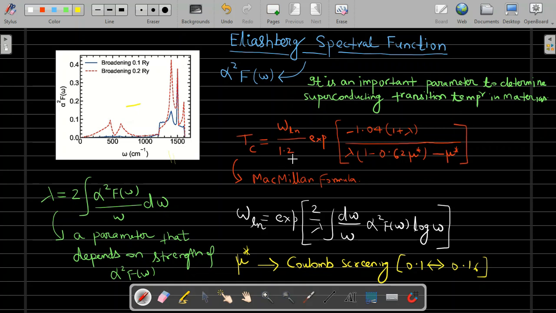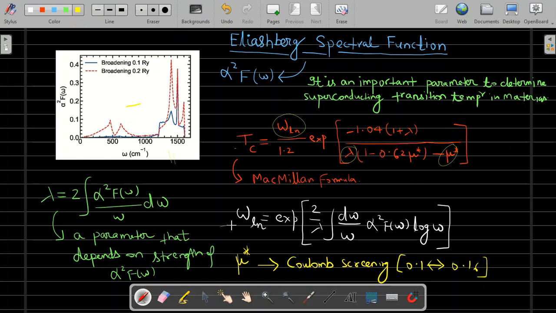With this function, there is a formula called the Macmillan formula, and if we put some values like omega ln, lambda and mu in this Macmillan formula, then we can know about Tc for a particular material. See here, lambda is a parameter that depends again on the Eliashberg spectral function, and it measures the strength of this function.